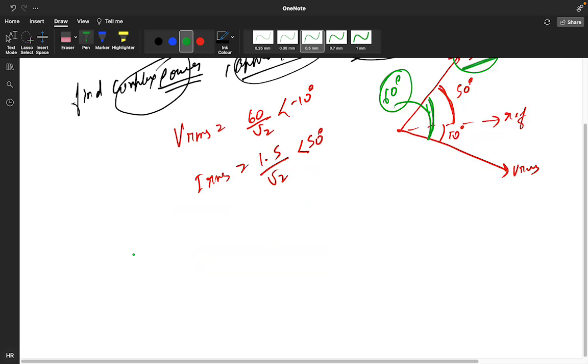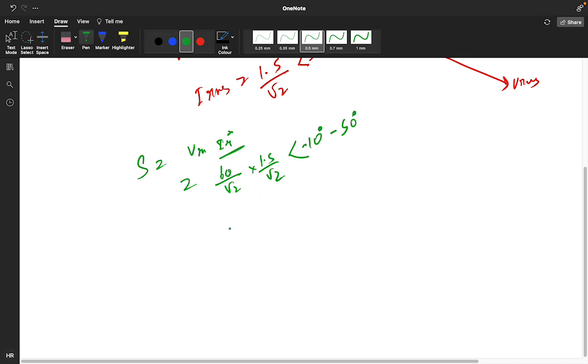If you do the same, VRMS into IRMS conjugate, you will get 60/√2 at an angle minus 10 degree, into 1.5/√2 with IRMS conjugate, so it will become minus 50. So what are you getting? 1.5 into 60 is 90. 90/2, that is 45 at an angle minus 60 degree.